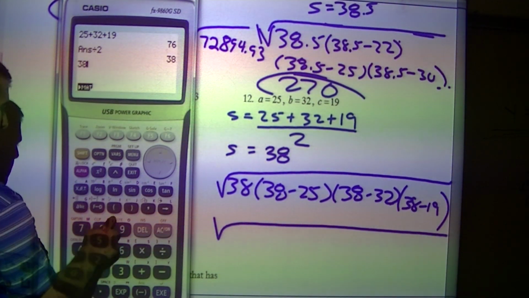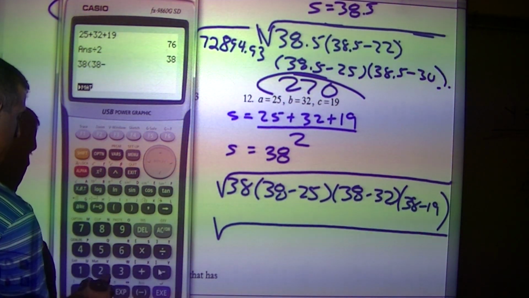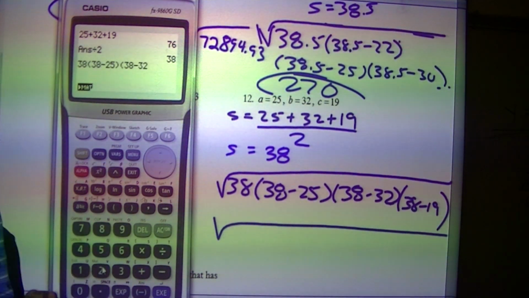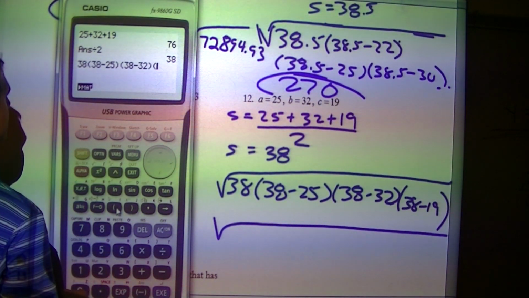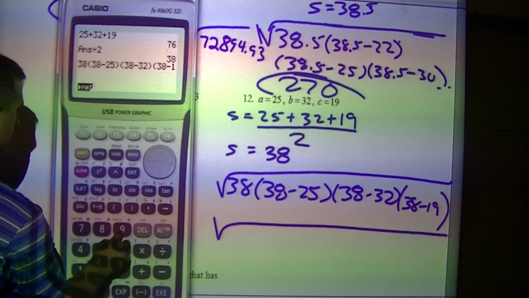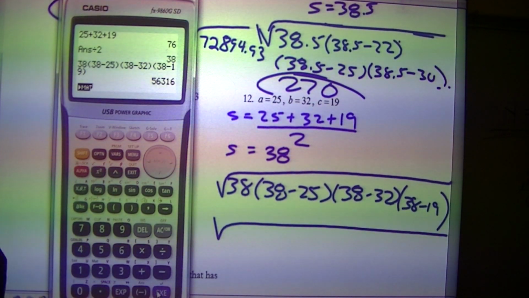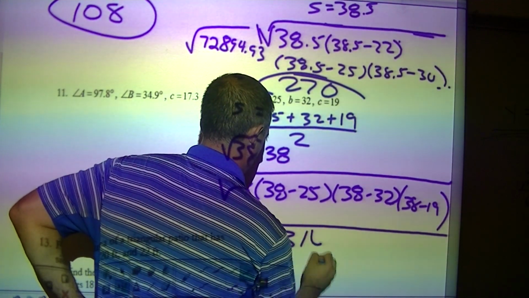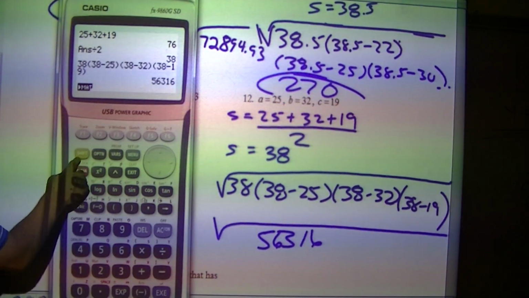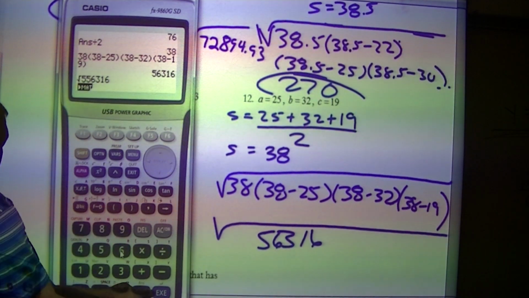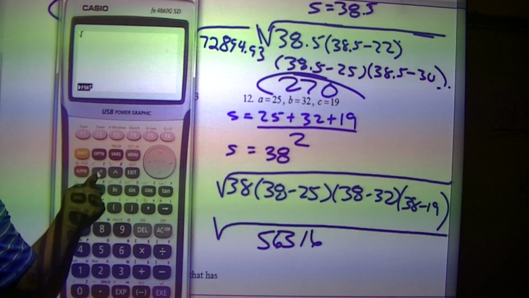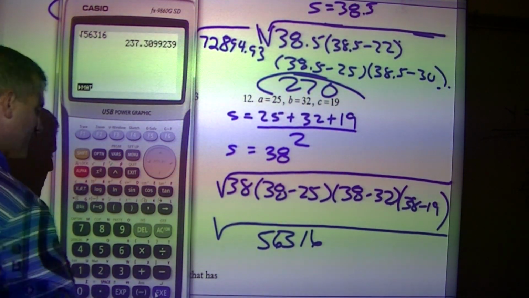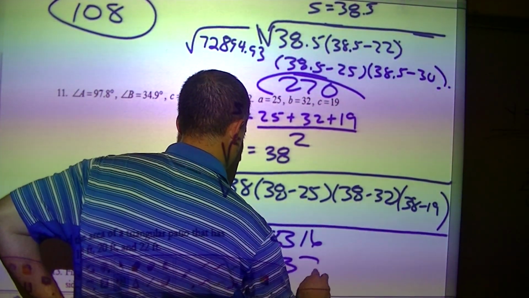So 38 times 38 minus 25, and 38 minus 32, all right, and parentheses 38 minus 19. Okay, so that's 563.16. Oops, that's not the right number. So that's about 237 from an approximation standpoint.